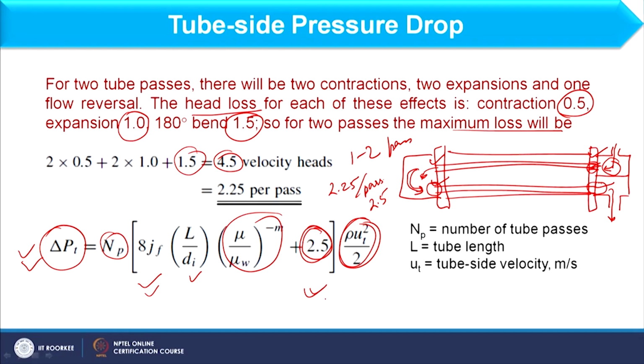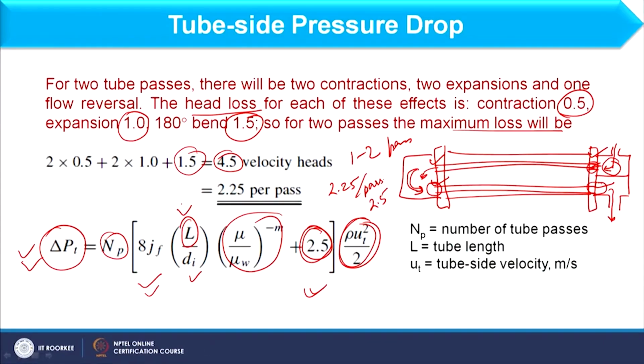Now, in this expression, what you have to keep in mind is that you have to consider the total length of the tube, okay. If you see here, I am having capital L. So, capital L is what? The total length of the tube, okay. And if you remember the calculation of the number of tubes, there we considered the effective length, and here I am considering the total length.